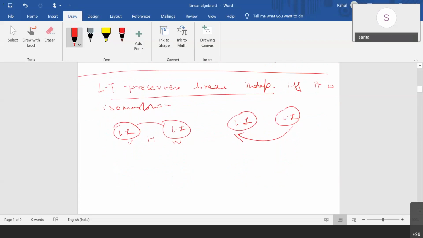And also one more point, when we are talking about isomorphism, if they are of the same dimension, I have to write this theorem because it is a very important theorem.